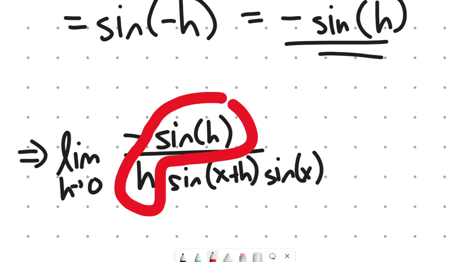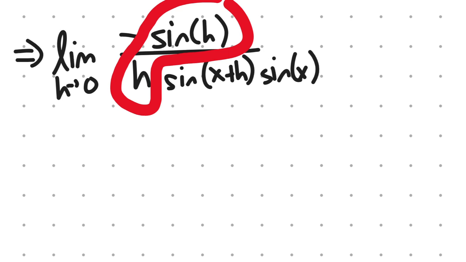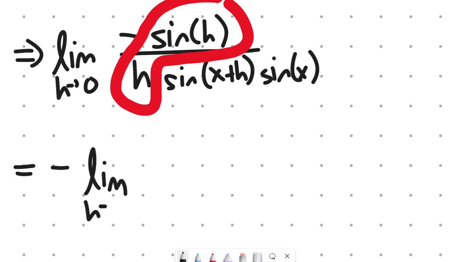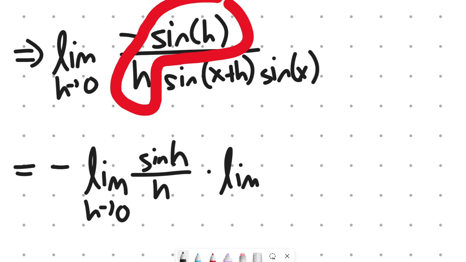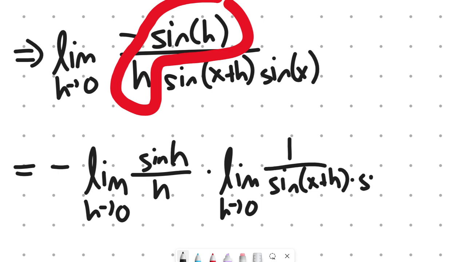We know the limit as h approaches 0 of sine h over h, so using the limit property of multiplication, we put the negative sign out, write the limit of sine h over h, then multiply by the limit as h approaches 0 of 1 over sine of x plus h times sine x.